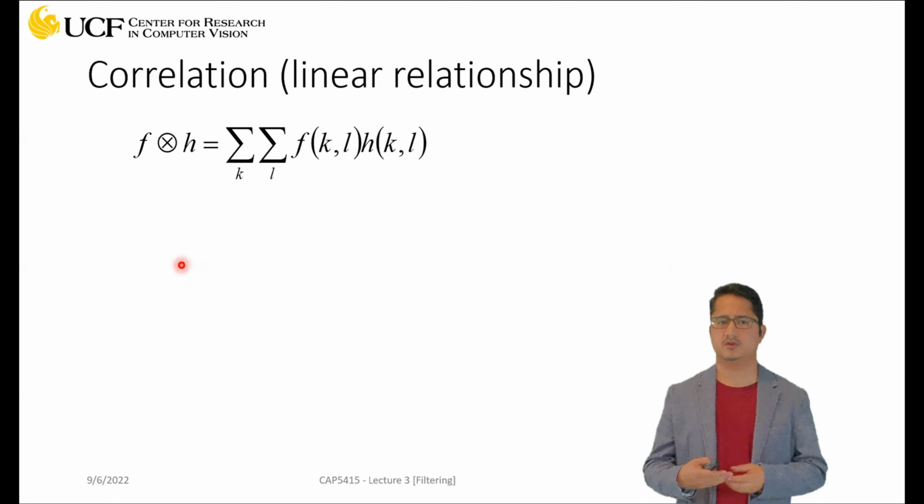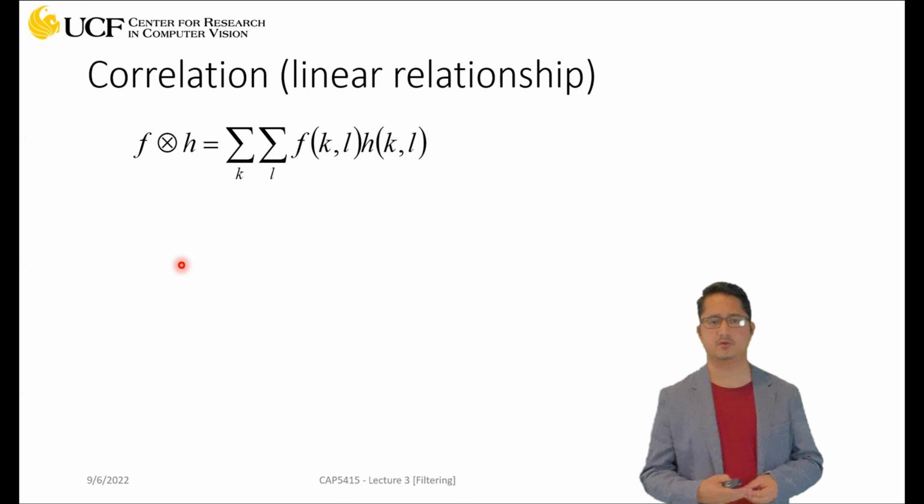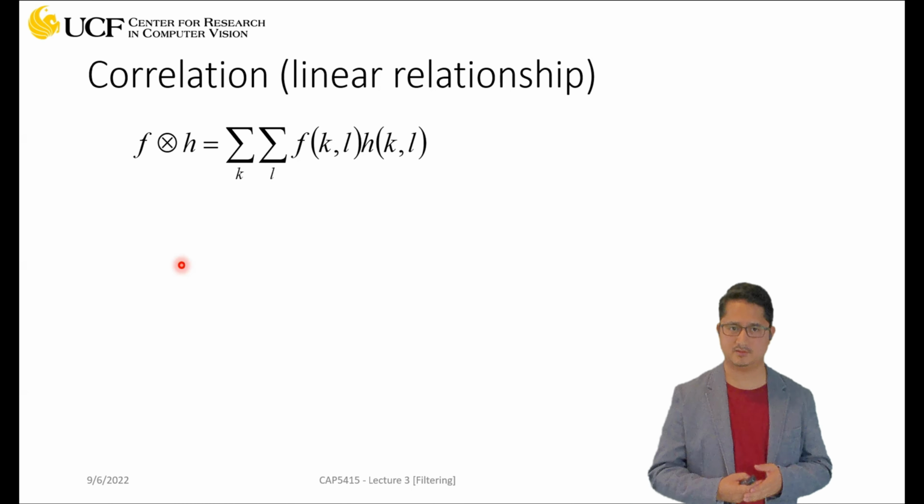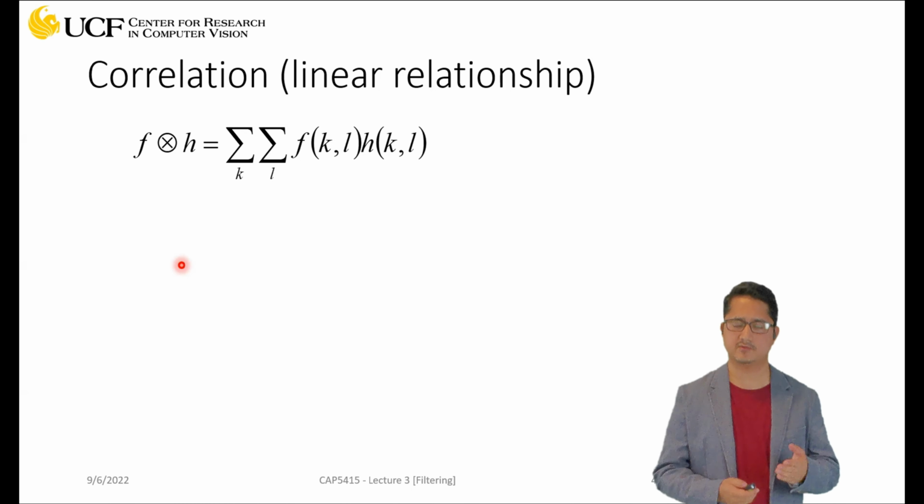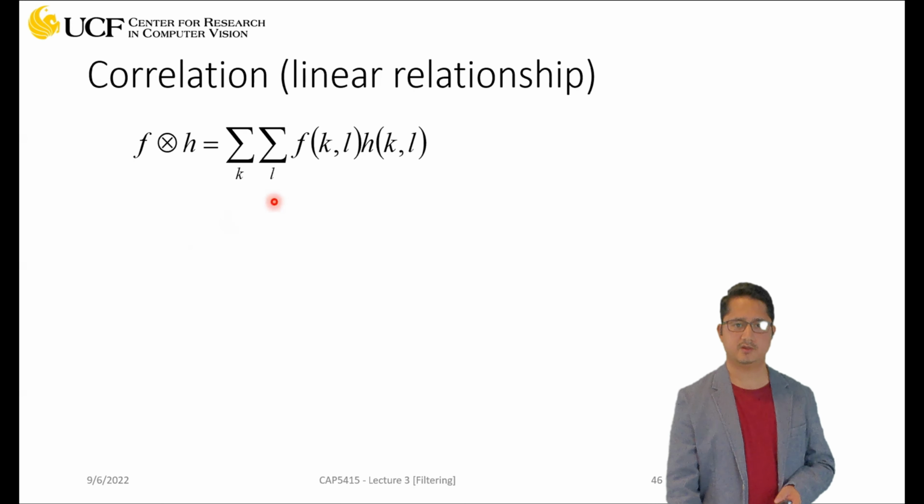Now, there are different formulations which you can use to represent this filtering. And the basic one is called correlation. The mathematical formulation for correlation is you have two different functions, f and h. And what you do is you perform element-wise multiplication of these two functions over some neighborhood, in this case k and l, if it's a two-dimensional function.